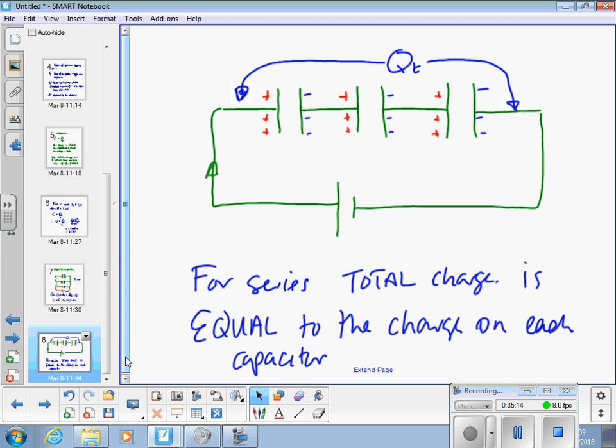More importantly, the charge on each capacitor is equal to the total charge. No matter what values those three capacitors are, all different or all the same, all have the same individual charge on each of them. Because if you look at that diagram, all of them have got 3 pluses on one plate, 3 minuses on the other plate. So capacitors connected in series all have the same charge on them.